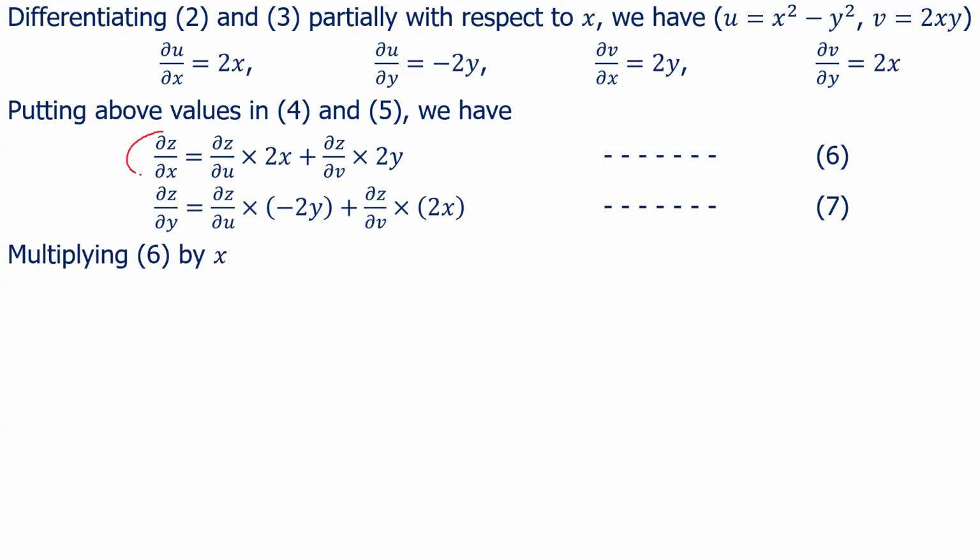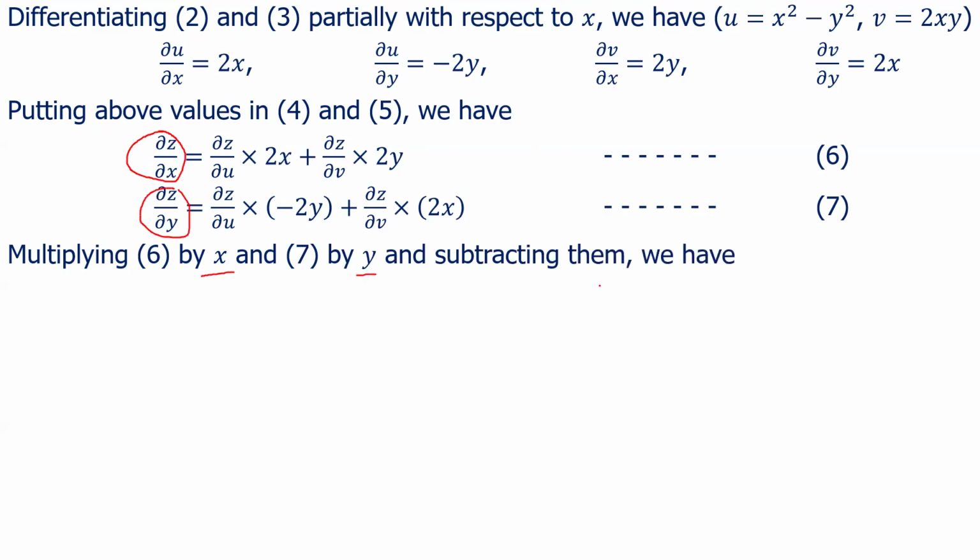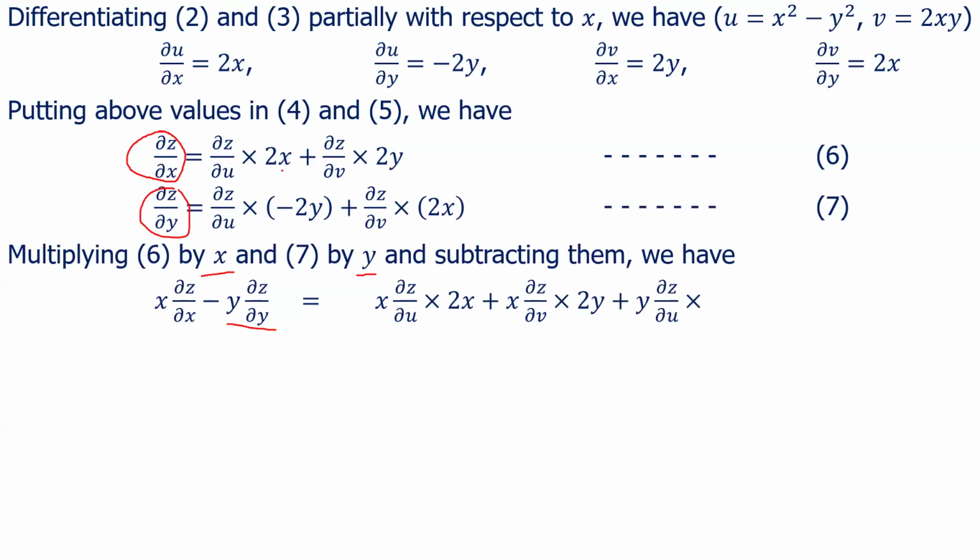We have to multiply equation number 6 by x and equation number 7 by y, and subtracting them, then we have x del z del x minus y del z del y, and this is what it is: we are multiplying x, so x del z del u into 2x plus x del z del v into 2y.